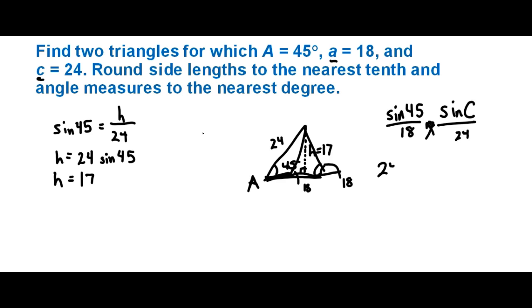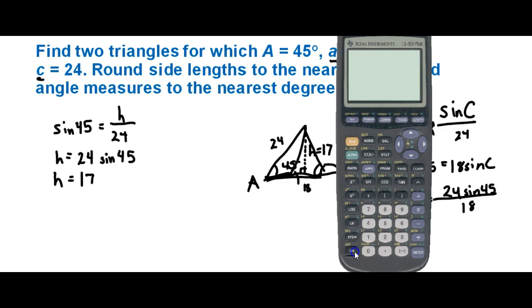So 24 sine of 45 equals 18 sine of C. So therefore sine of C is equal to 24 sine of 45 over 18. So I put that in my calculator. I have 24 sine of 45, then divide that by 18. I get 0.943.